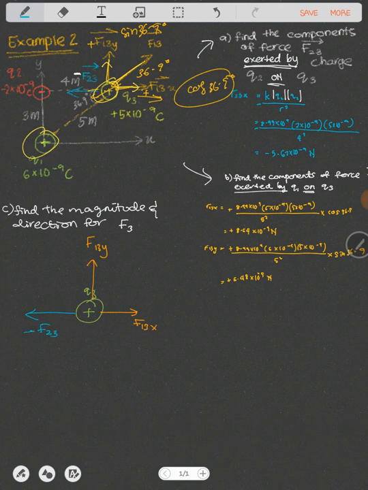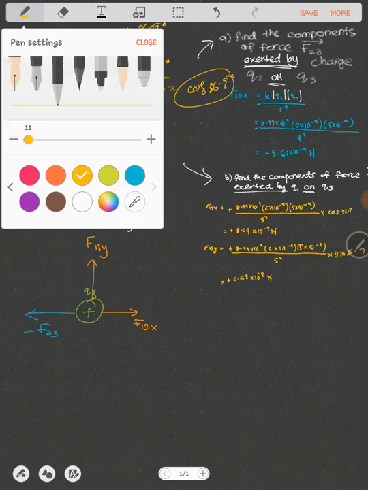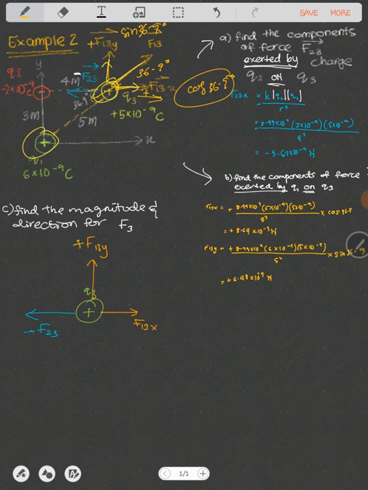So we put this as negative, and don't forget about the positive as well. Positive and positive, because the direction is very important. If that physics quantity is a vector quantity, which has magnitude and also direction, that is indicated by the sign of positive or negative.